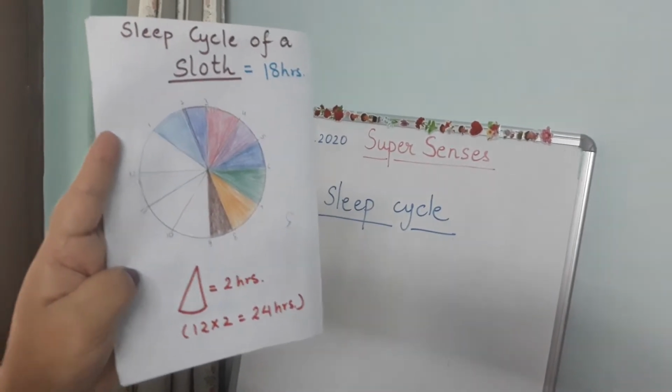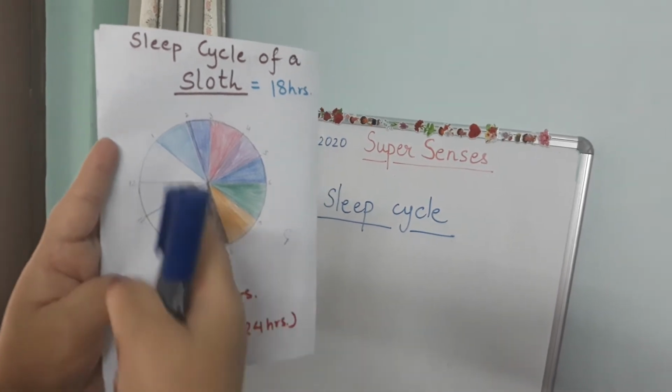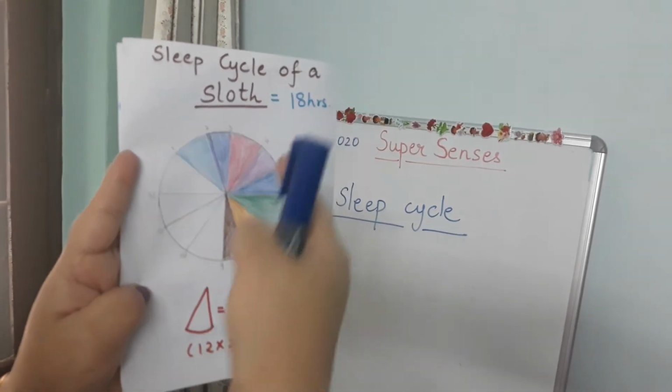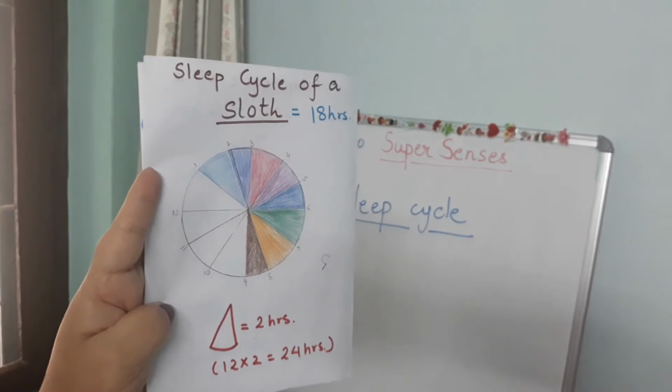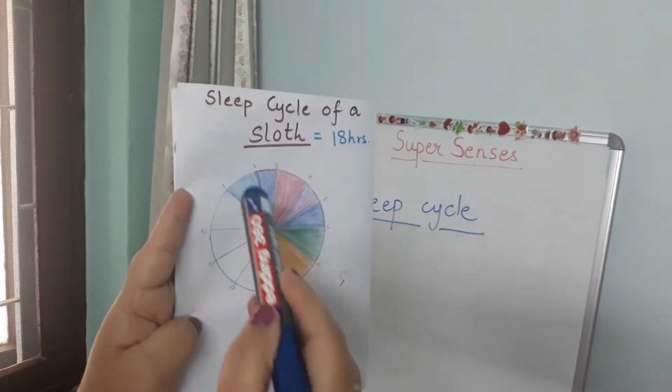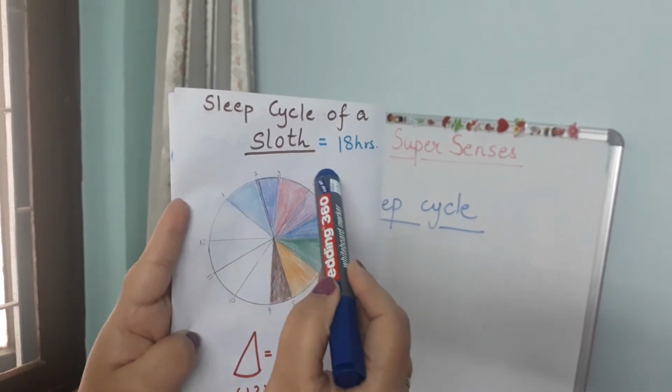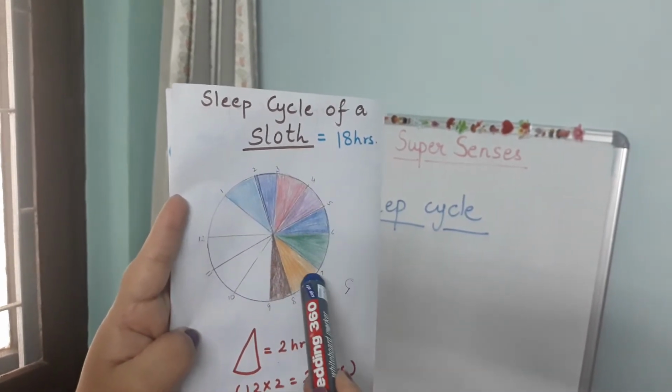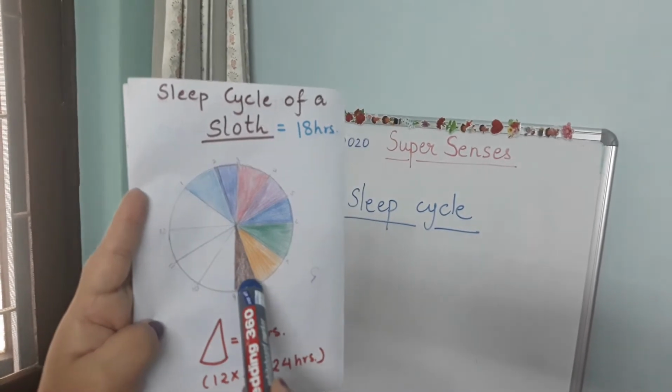If you see clearly and carefully, I have divided this circle into 12 parts. All right. And how many parts have I colored? 1, 2, 3, 4, 5, 6, 7, 8 and 9.